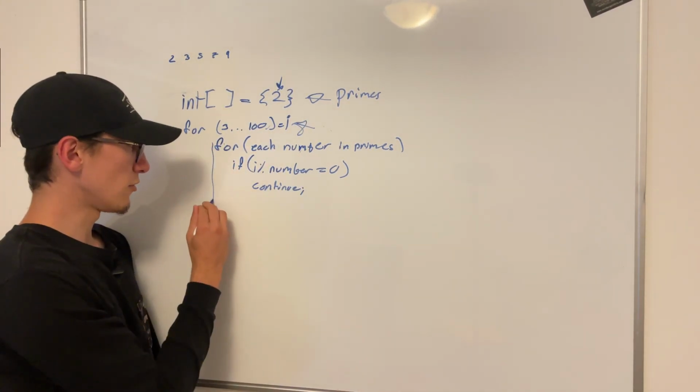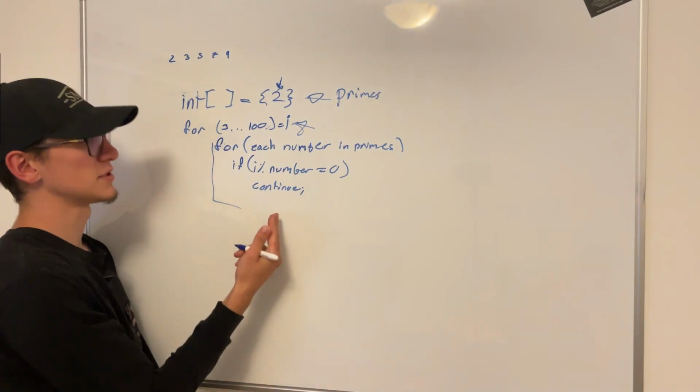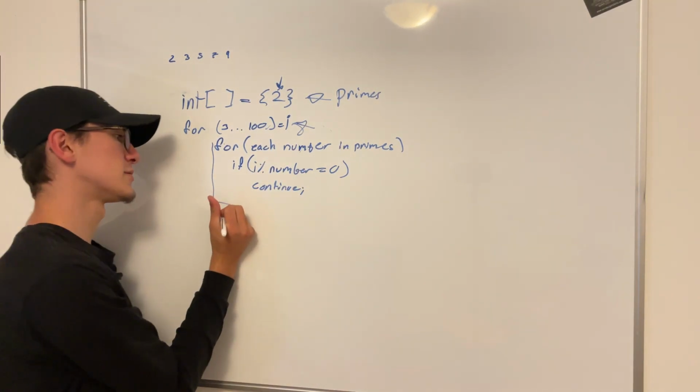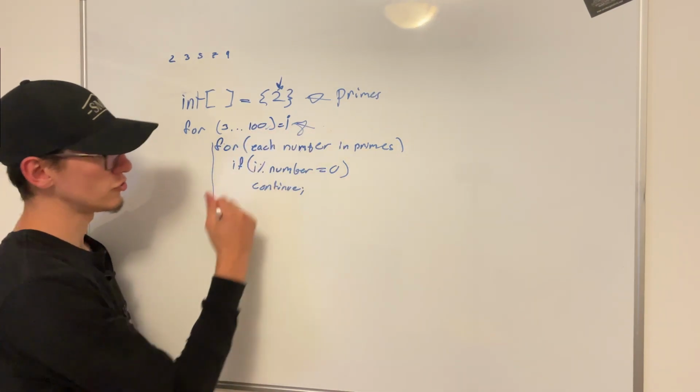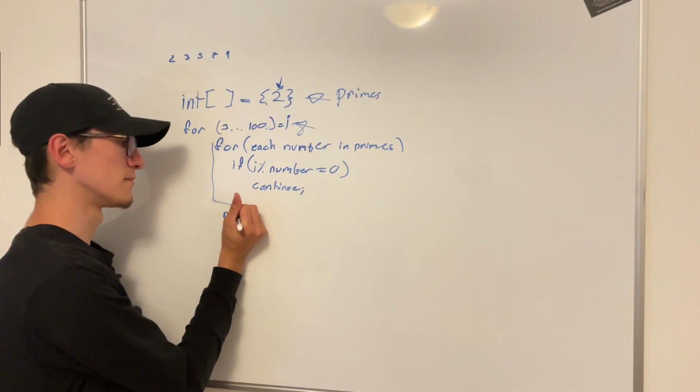Otherwise, if that whole loop is completed, that means we did find a prime number. So we can just add i to the list of primes, right?